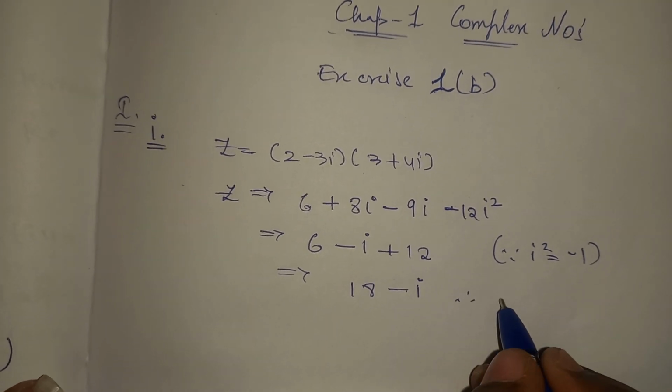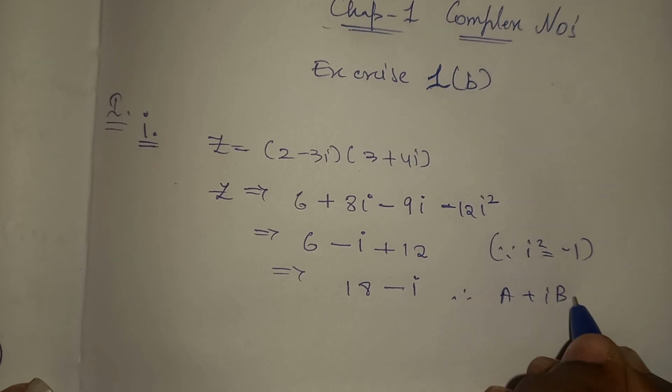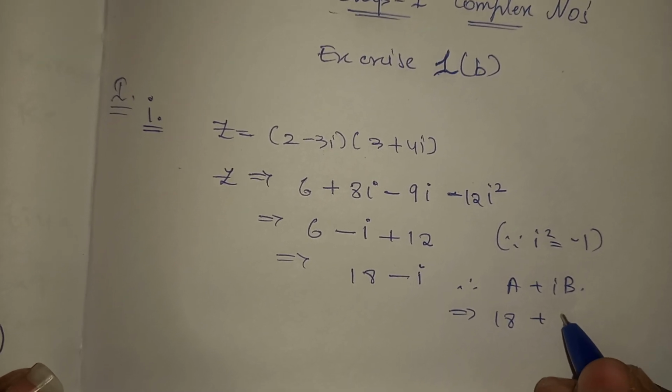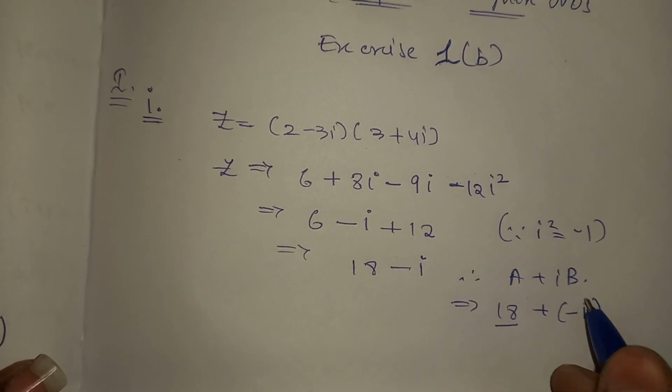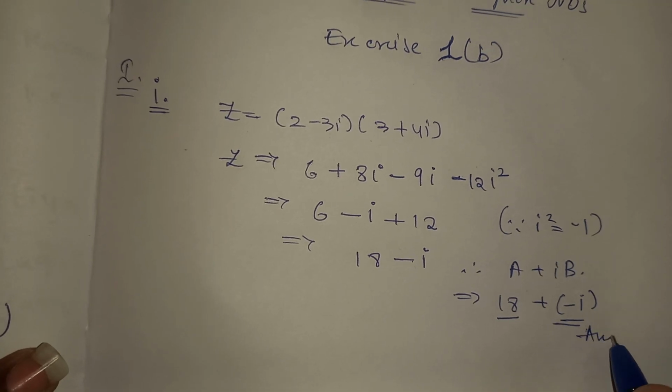Therefore, we need to write this in the a plus ib form, which is 18 plus of minus i. a is 18 and b is minus 1 here. This is the answer.